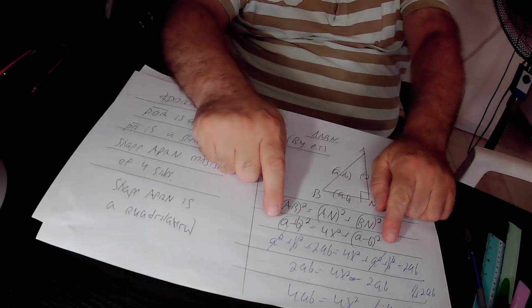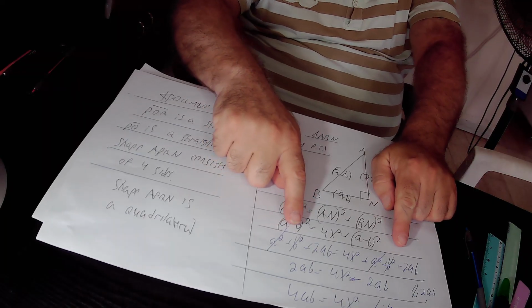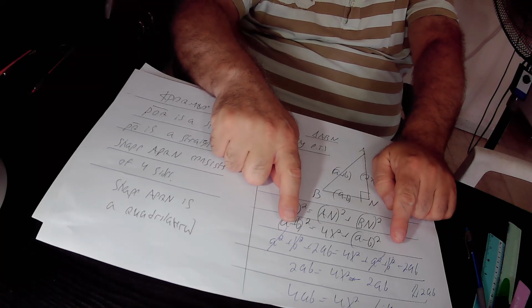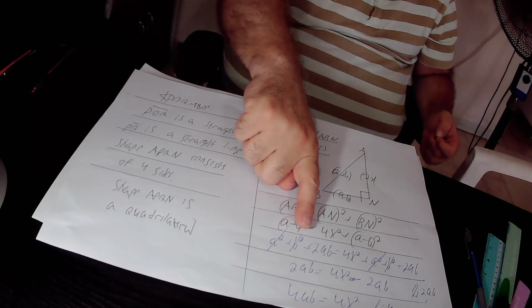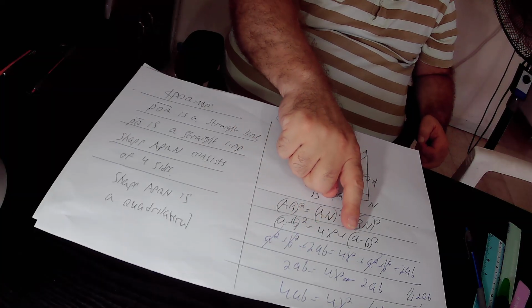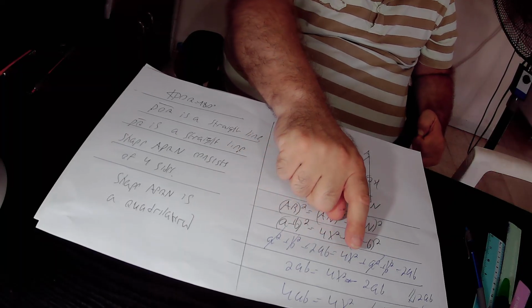Here we have A squared on both sides of the equation, so A squared will get cancelled, and we also have B squared on both sides, so B squared also will get cancelled. After cancelling those two expressions, on this side of the equation we are left only with 2AB, and on the other side we are left with 4x squared minus 2AB. So in total we found that 2AB equals 4x squared minus 2AB.